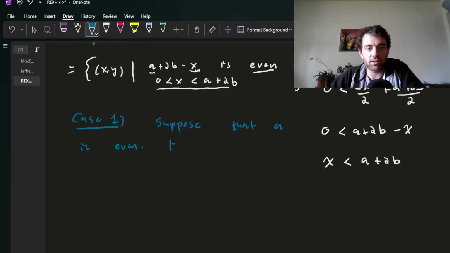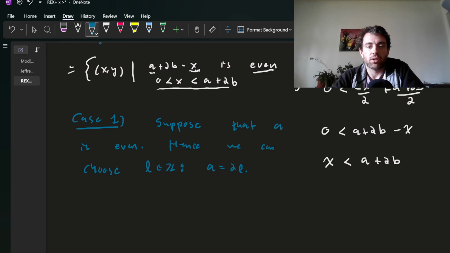Well, what does that mean? Hence, we can choose an integer L in the integers such that a is equal to 2 times L, right?